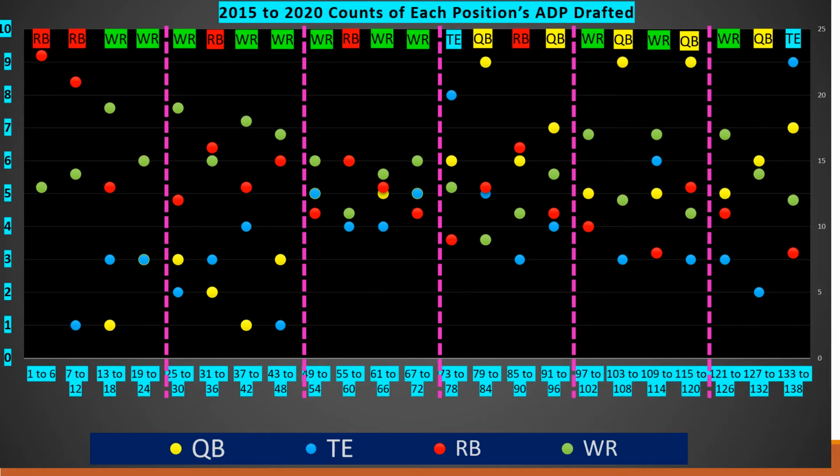So what we take from that is that most people are not going to get serious about tight ends and quarterbacks until after the 6th round, so the 7th round.